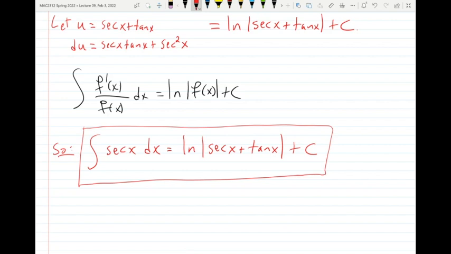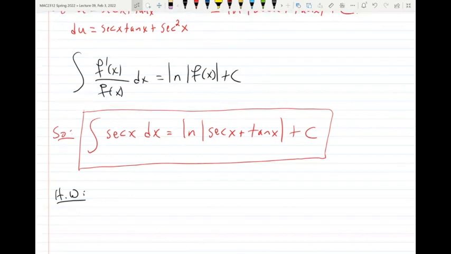And you can do a similar thing to figure out the integral of cosecant. We don't have time, but I'm going to leave this to you as homework. Now that you know the integral of secant, see if you can find the integral of secant cube. Because secant squared is easy. The integral of secant squared is just tangent. But how about secant cube?